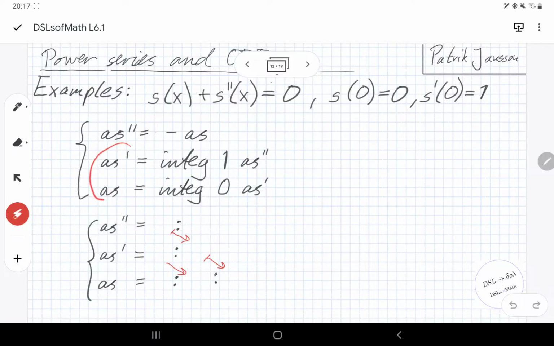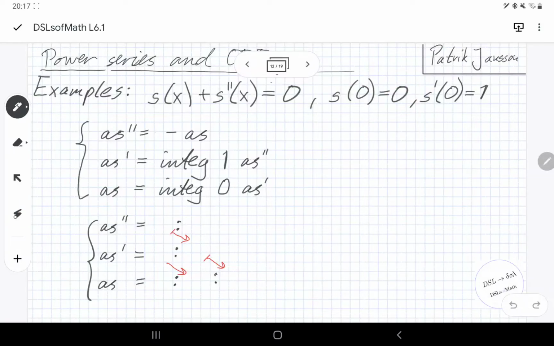And then all the other equations, in this case 2 of them, just show that the first derivative is the integral of the second derivative, and the function itself is the integral of the first derivative. And, well, we have to integrate from a starting condition, and that's the 1 we get from here, and the 0 we got from there.